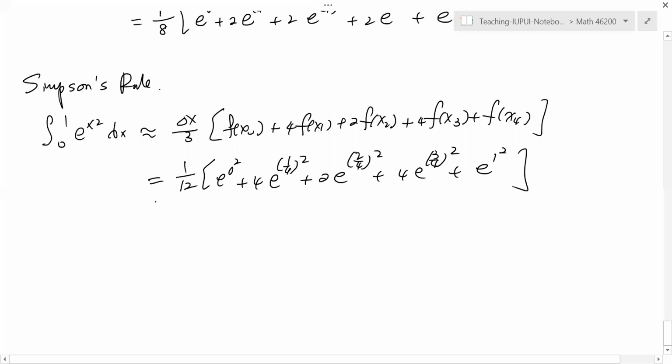Yeah, all we need is just write all the terms explicitly.